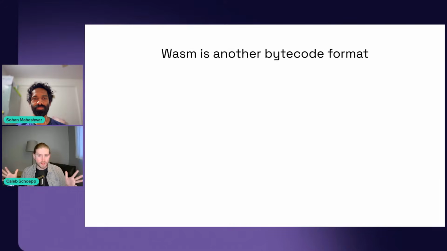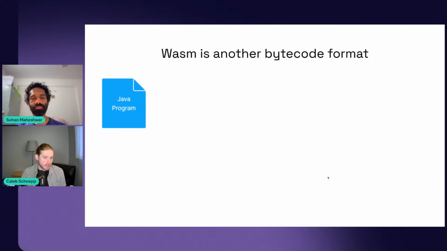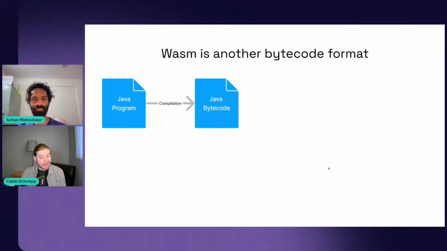First things first, what is WebAssembly? Put most simply, WebAssembly is just another bytecode format. If you've ever done any Java programming, you might be familiar with what that means. You write your program and compile it to Java bytecode, an intermediate format that can't be directly executed by a computer.